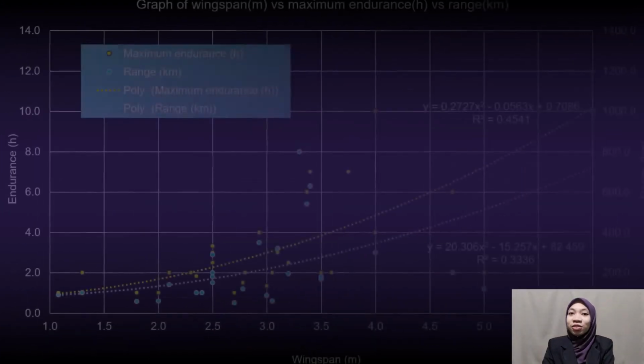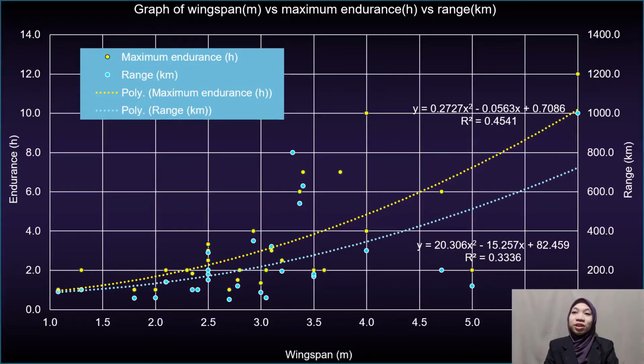Next, this figure illustrates the graph of wingspan versus maximum endurance and range of the UAV. From the trend line in the graph, we can say that the endurance and range increase as the wingspan increases, and mostly the UAVs have an endurance of 1 to 3 hours and a range of 100 km to 200 km.